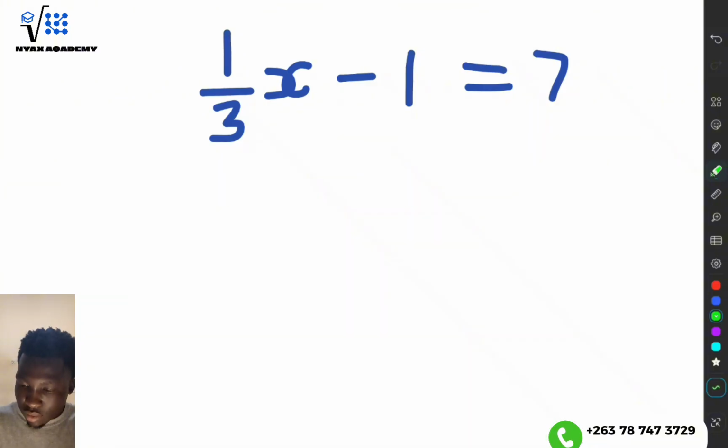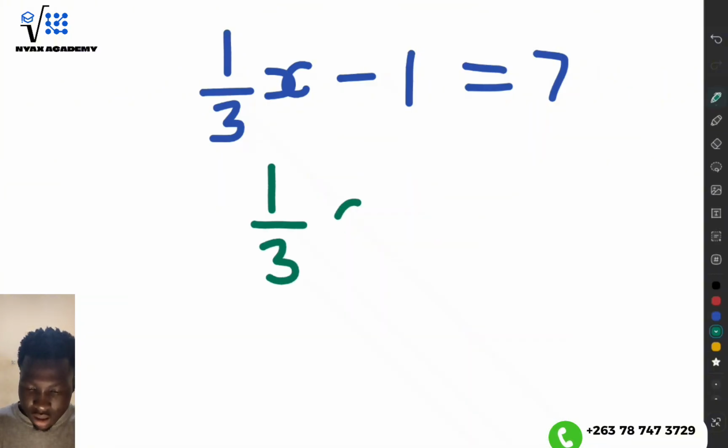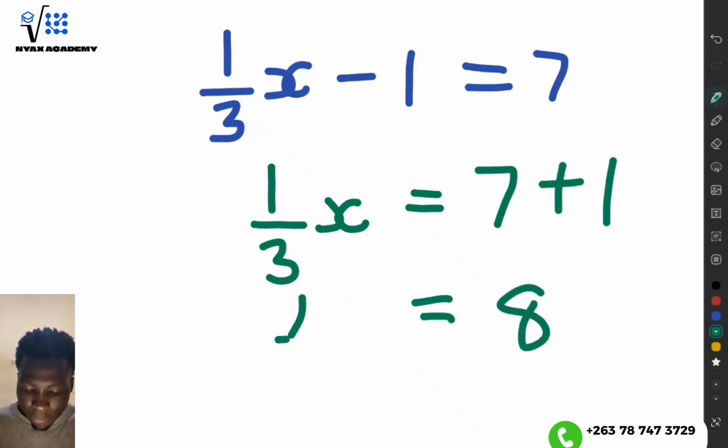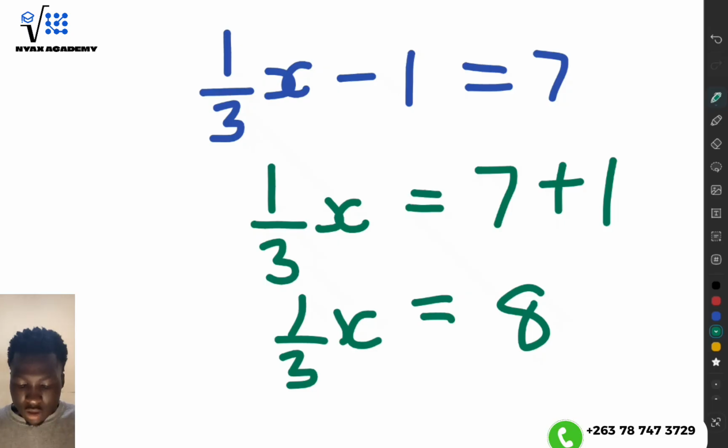So we're going to say 1 over 3x is equal to 7, and the negative 1 moves to the right hand side and becomes positive 1. So 7 plus 1, what do you get? 8, equating to 1 over 3x.